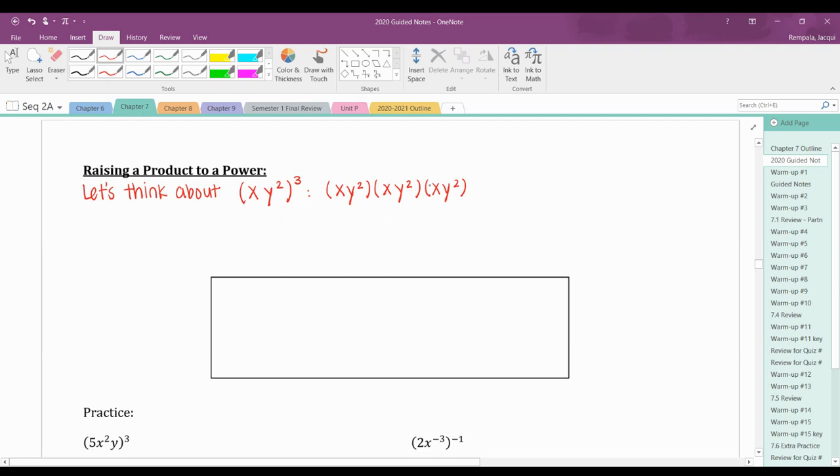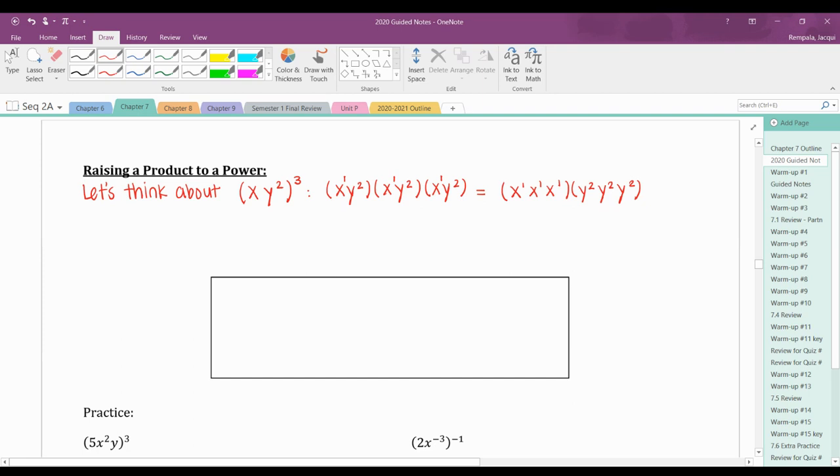Remember, if you don't see an exponent with the x, technically we've got some 1's going on here. So because this is all multiplication, I actually get to rearrange my terms. I can actually put all of the x's together, and it looks like there are 3 of them. I can put them in one parenthesis. Then I can put the y's together in another parenthesis.